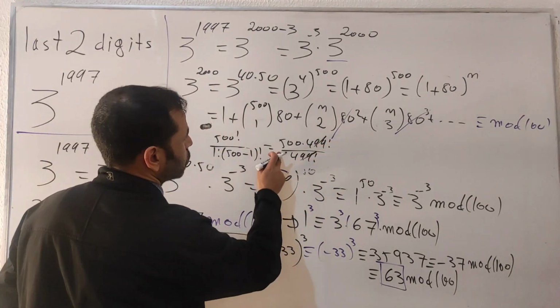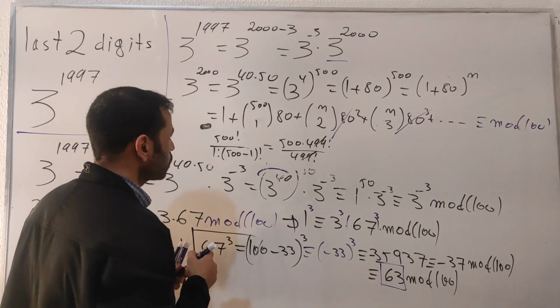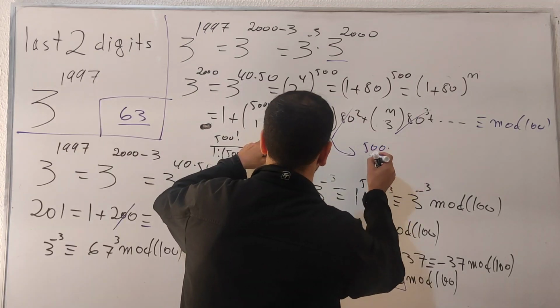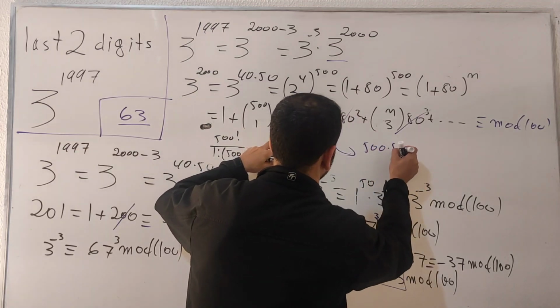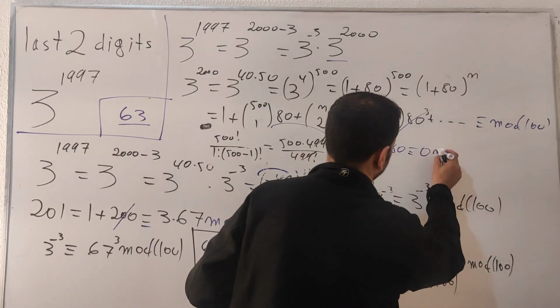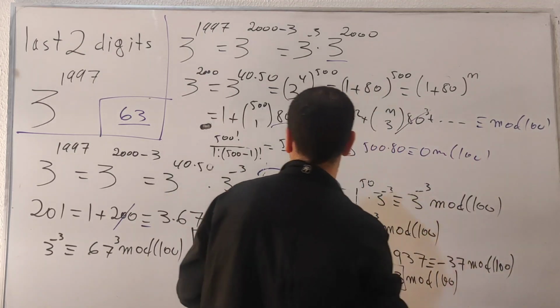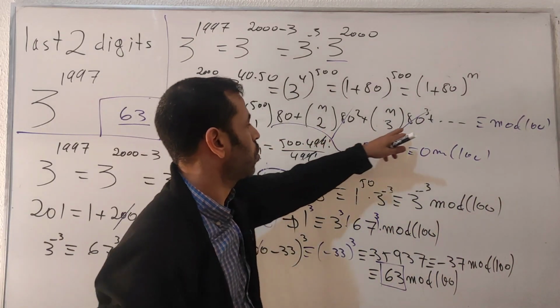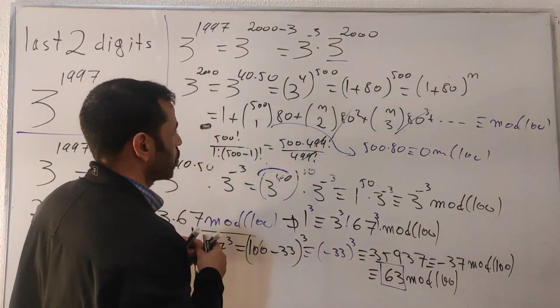I will be left with 500 multiplied by 80, and 500 multiplied by 80 is 0 mod 100. This is 0 mod 100 all the way down. So I will be left with the number 1 here.